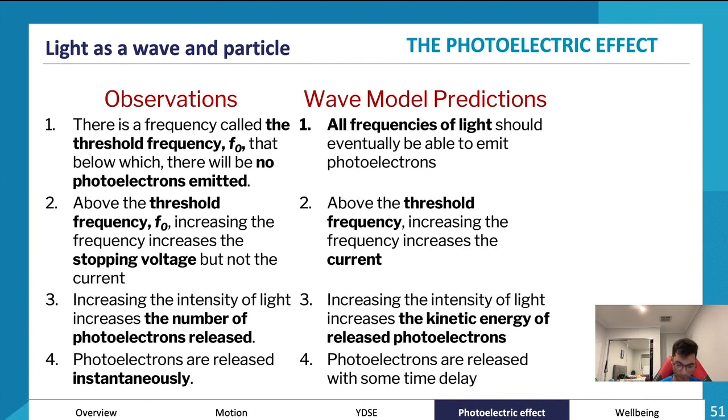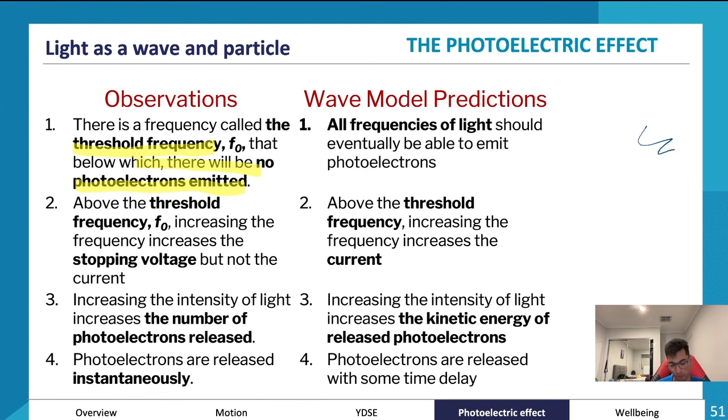So the differences between the actual observations and the wave model. Our actual observations show the existence of a threshold frequency, and any light below that frequency will not emit any photoelectrons.